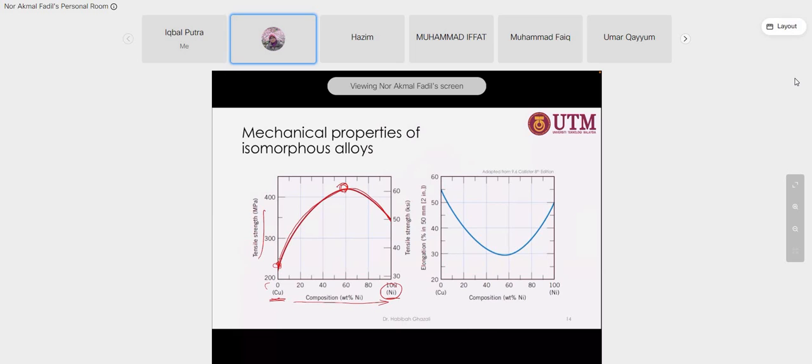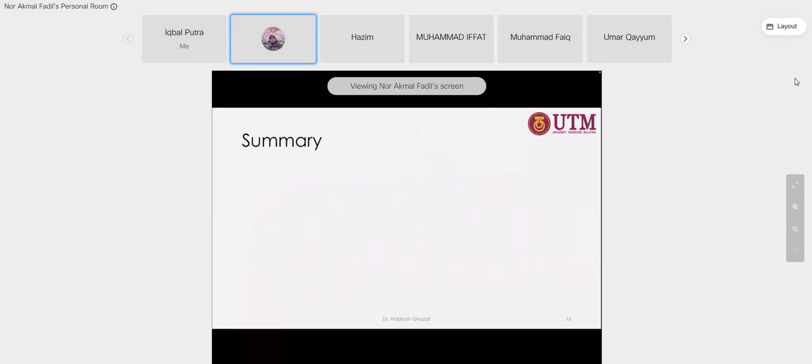Compared to pure nickel and pure copper, pure nickel has higher tensile strength, but if you mix the two, you can achieve higher tensile strength. However, ductility will decrease, at a maximum of 60% nickel.